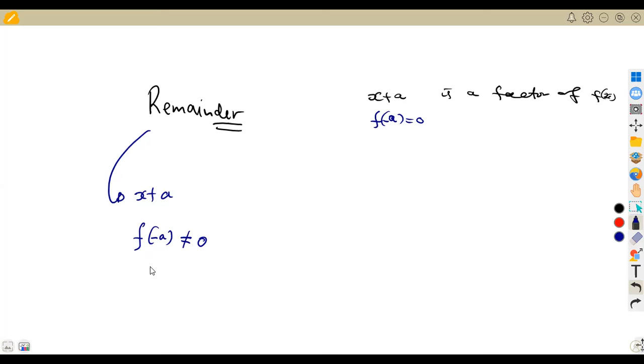That value that you obtain when you substitute f of minus a is your remainder. So we are simply saying f of minus a this time is equal to the remainder. That's simply our remainder theorem.